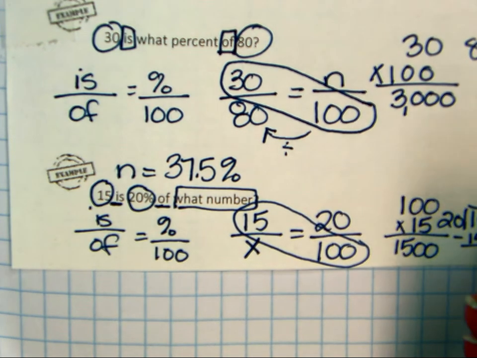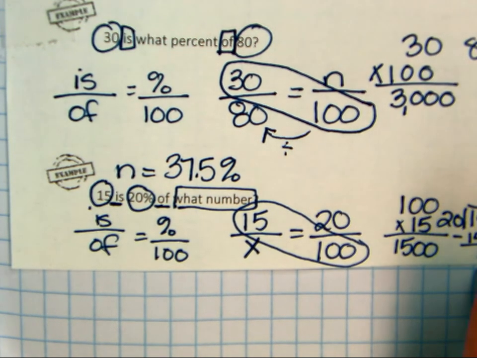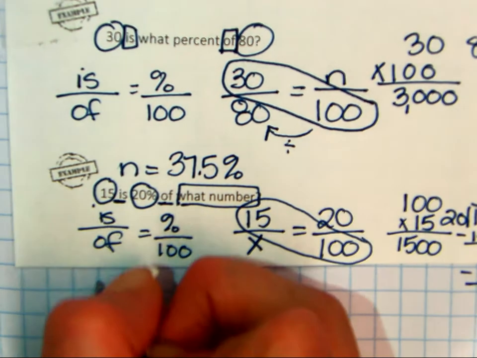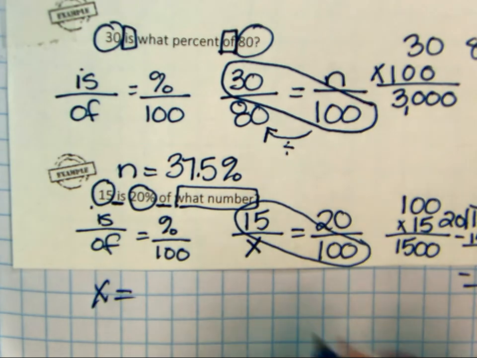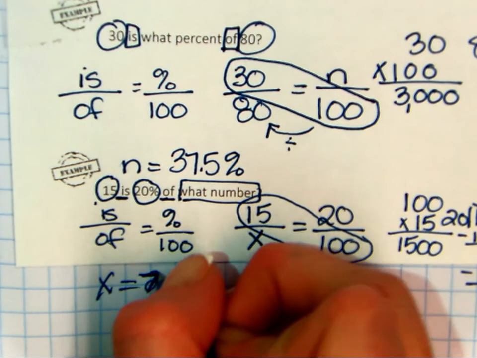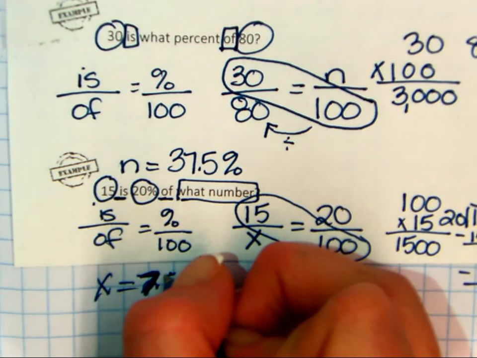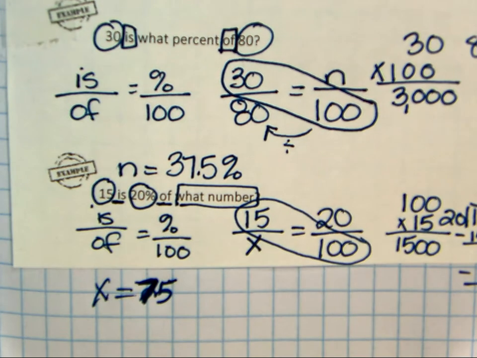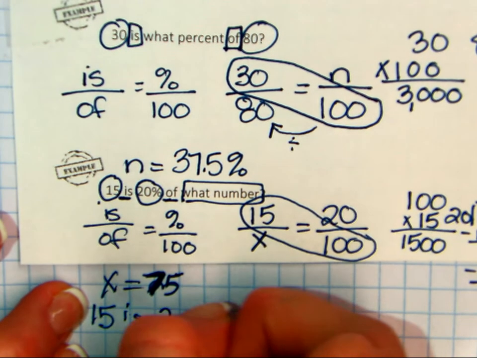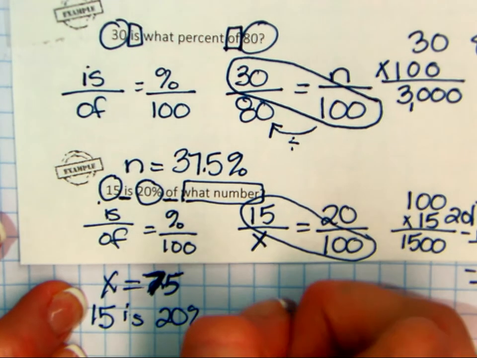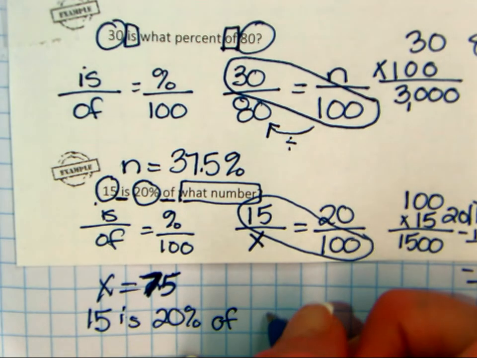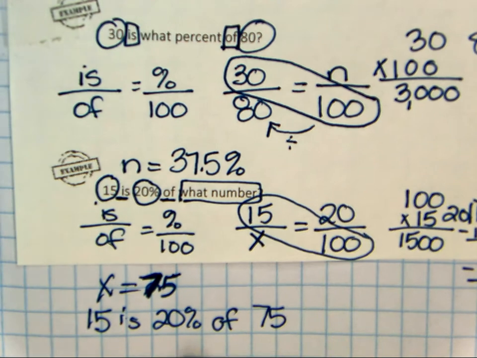And 20 goes into 100 5 times, because 5 times 20 is 100. Subtract. So I know that my x equals 75. So I know that 15 is 20% of 75.